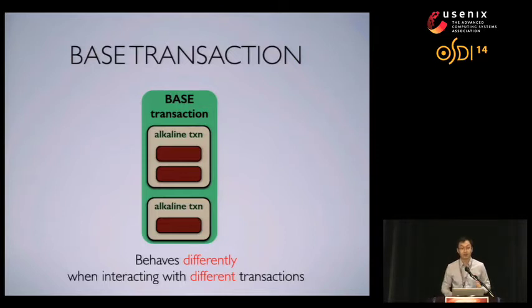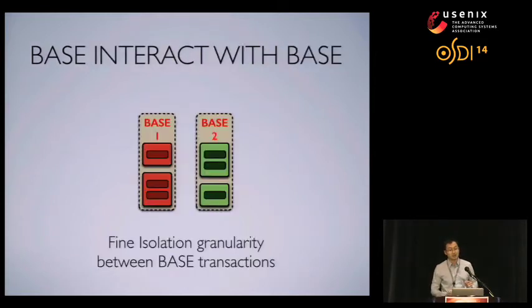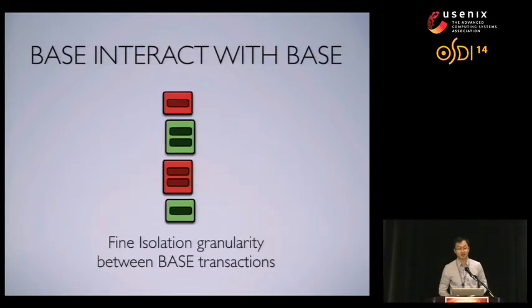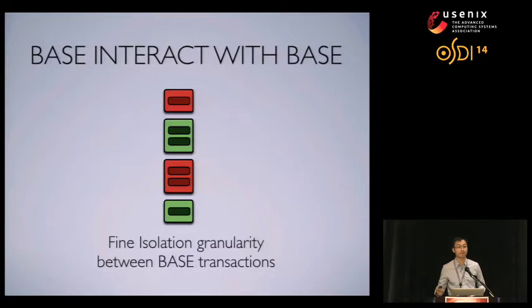And second, and more importantly, base transactions introduce more interleavings selectively. Between base transactions, we want more interleaving, so we only provide fine granularity of isolation that spans the alkaline transactions. As a result, each alkaline transaction acts as a small ACID transaction. These alkaline transactions can interleave with each other, which brings more concurrency.